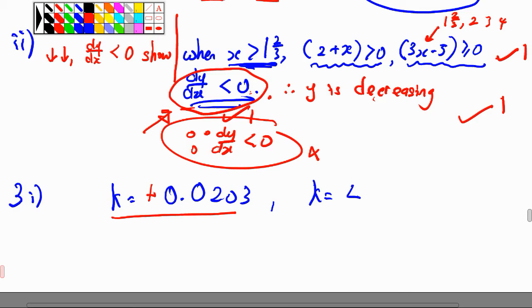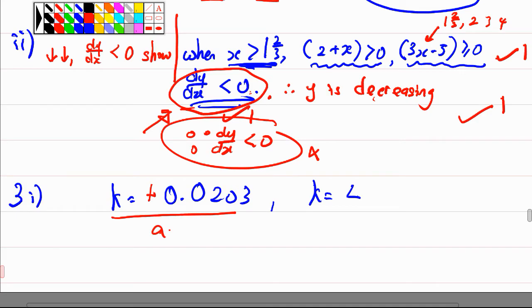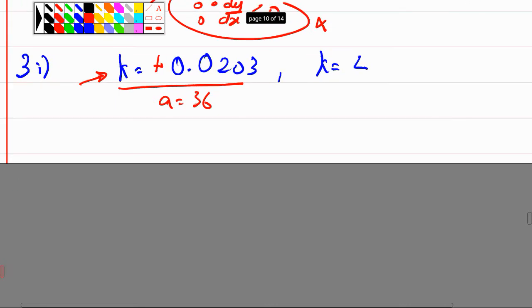What is the value of A? 36. Raise your hand if you need me to go through this. Rachel, you got the answer? Question 3 part 1, part 2, who wants me to go through? Part 2, okay. So part 1 is fine.